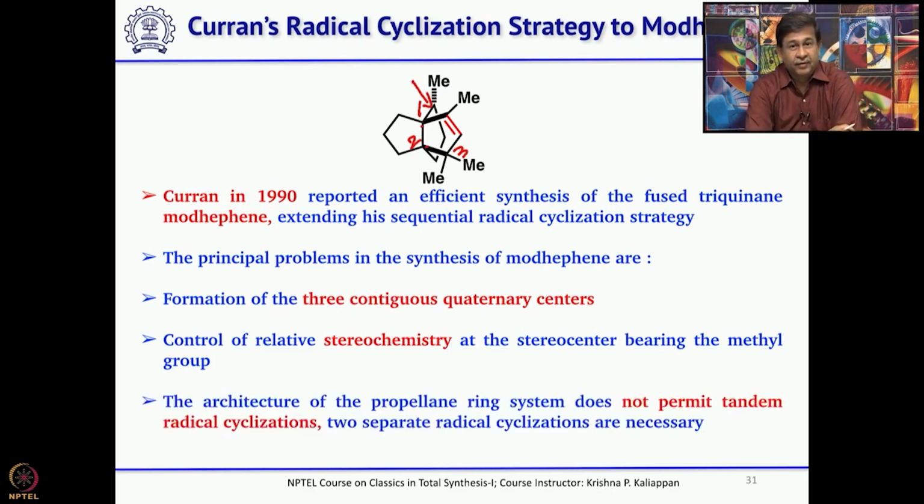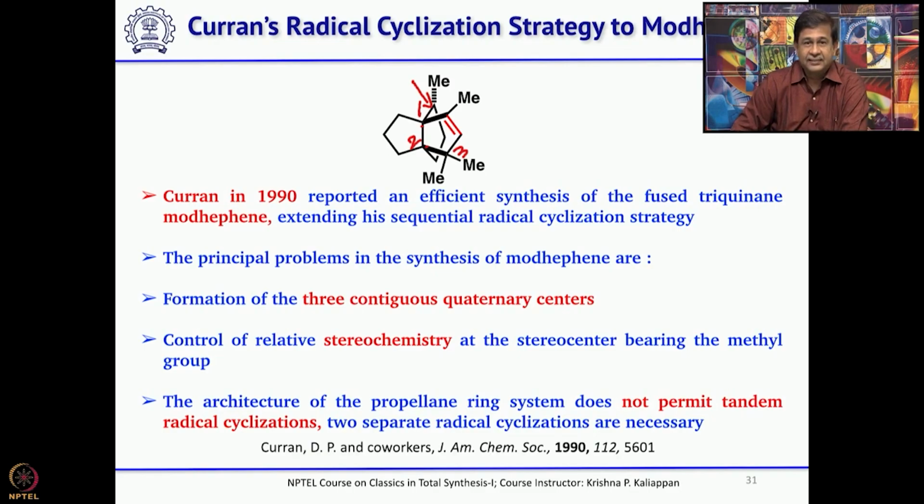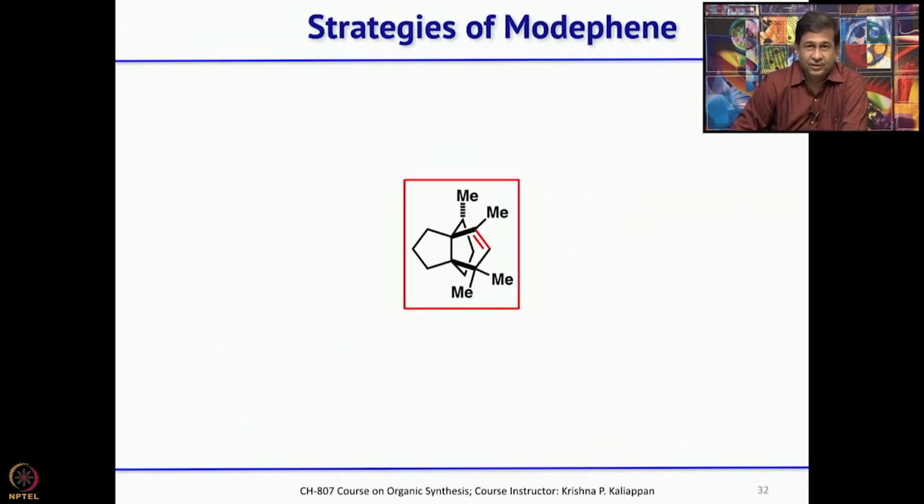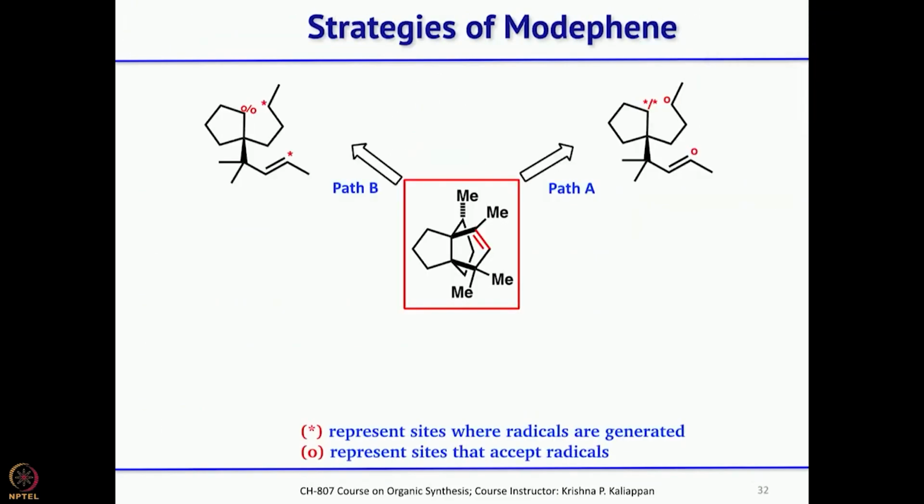And the molecular architecture of modhephene is such that it does not allow the tandem radical cyclization to take place. So he has to do stepwise radical cyclization to achieve the total synthesis of modhephene. So let us see how he achieved it.